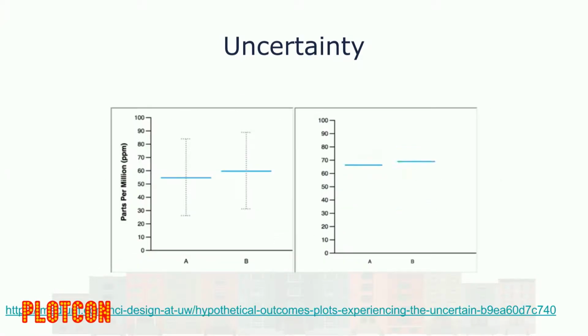This is work from Jessica Hullman at the University of Washington, something called a hypothetical outcome plot. On the left is a typical box plot showing the range of possible outcomes with the confidence intervals in the dotted lines. On the right is this concept of a hypothetical outcome plot.